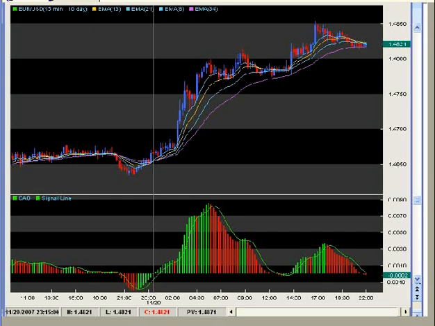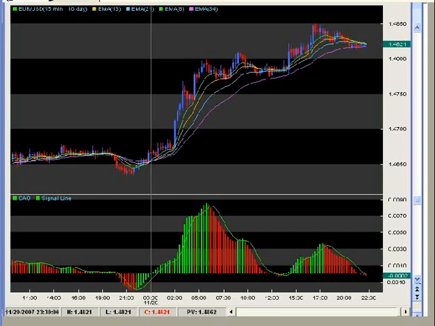Okay, in this example, let's start again. I apologize. The 8 EMA is the blue line. Let me make that green. We have 2 blue lines here. Here we go. The 8 is the green, the 13 is the yellow, the 21 is the blue, the 34 is the purple.